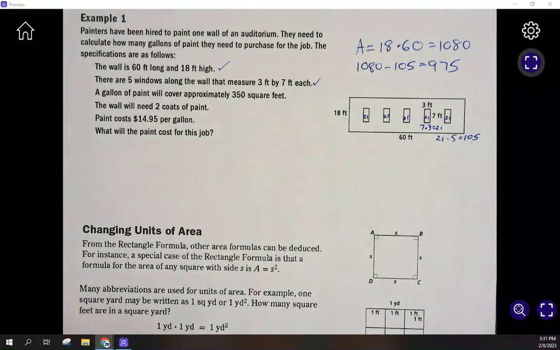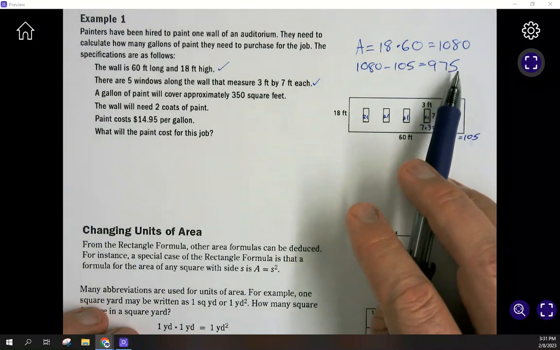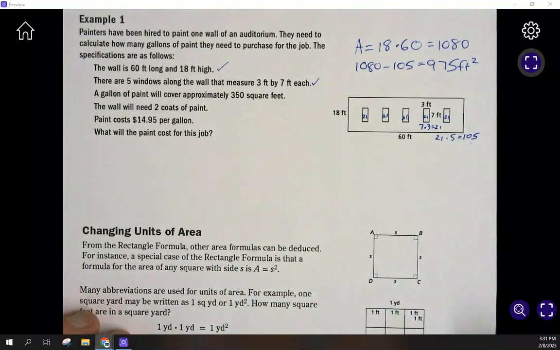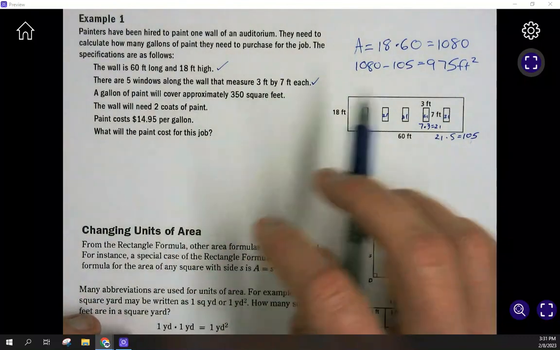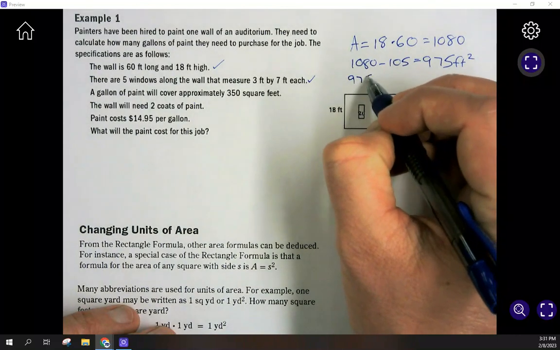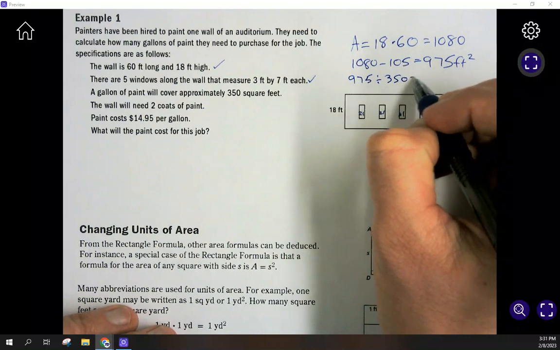Okay, next, a gallon of paint will cover approximately 350 square feet. So if I've got 975 square feet, how many gallons is it going to take? I'm going to divide 975 by 350.